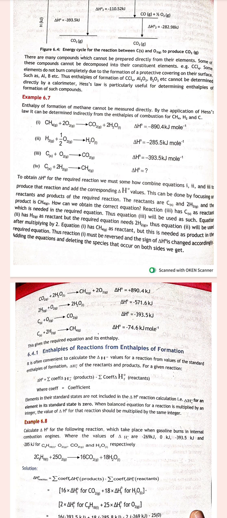To obtain del H naught for the required reaction, we must know how the combined equations produce the reaction and add the corresponding del H values. This can be done by focusing on the reactants and products. The reactants are carbon and 2H2, and the product is CH4. How can we obtain the correct equation?